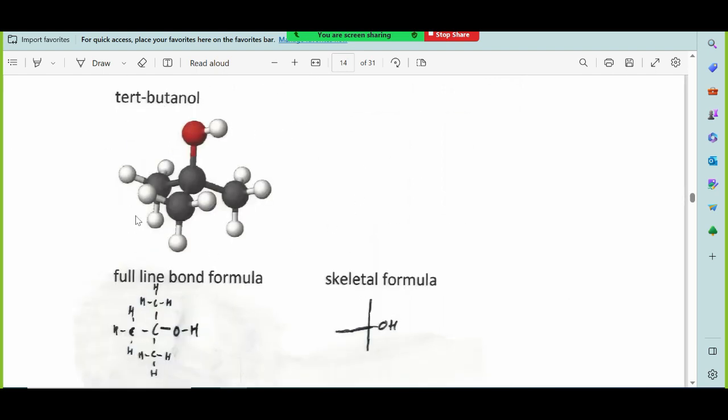Okay, this is interesting. It's called tert butanol. By the way, red represents an oxygen. So this is a carbon group, 1, 2, 3, 4. We have 4 carbon groups, but how are they bonded? We have this one in the middle, bonding to 1, 2, 3. So we have a tertiary carbon. Remember, I just explained this.